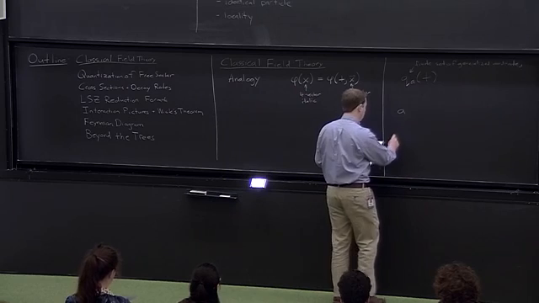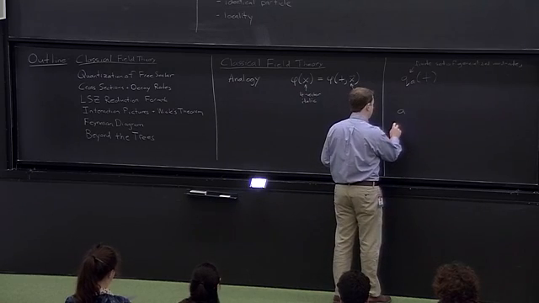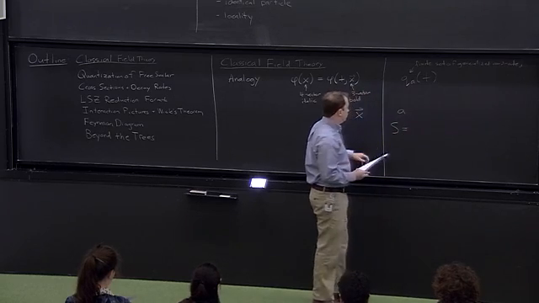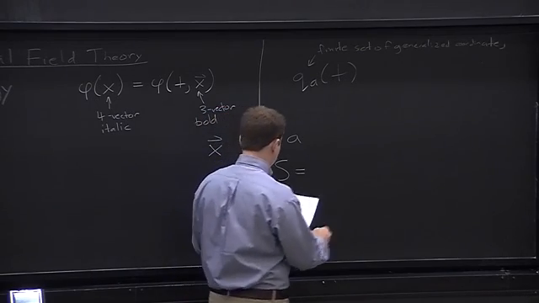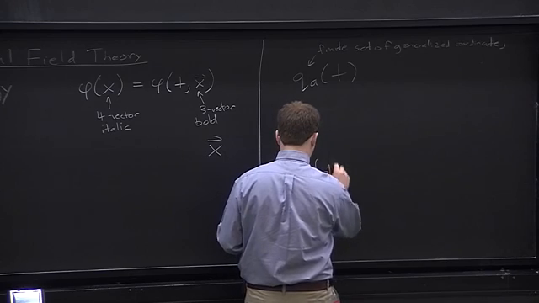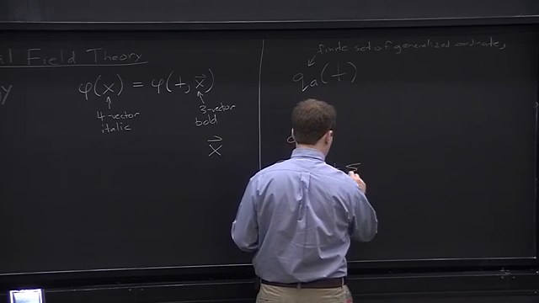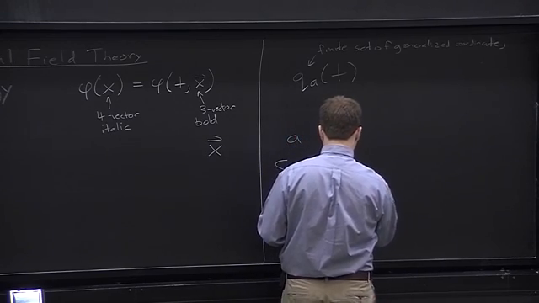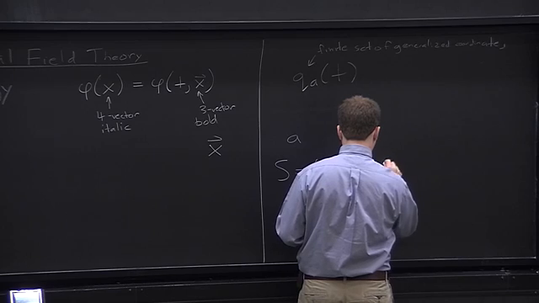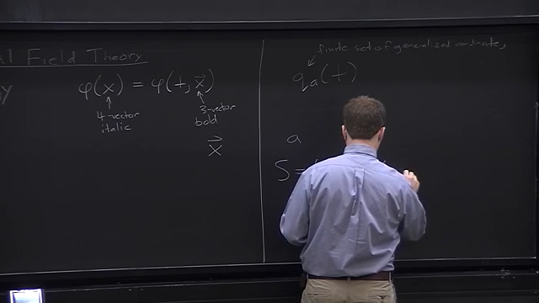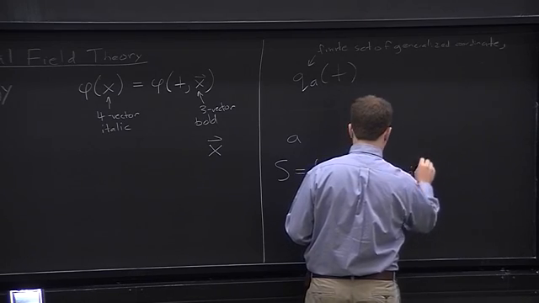And in particle mechanics, one of the most important objects is the action, which we can write as an integral of the sum of L of q_A and q dot_A.